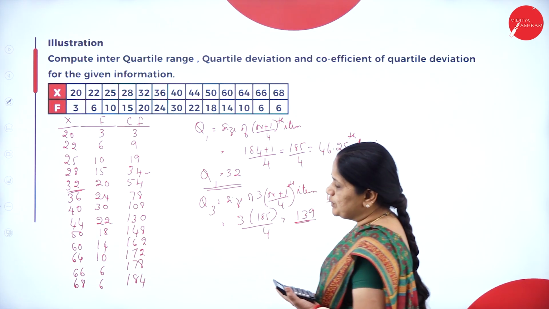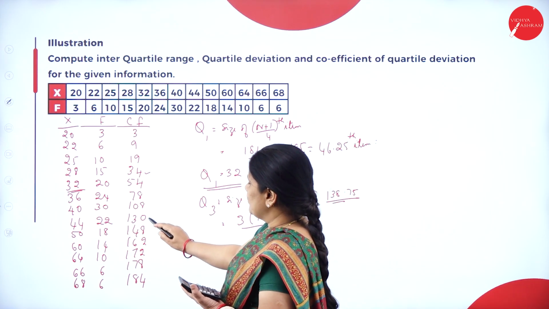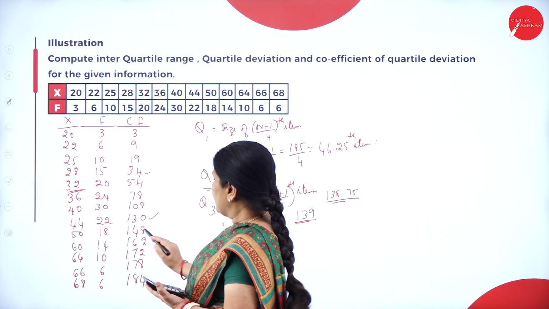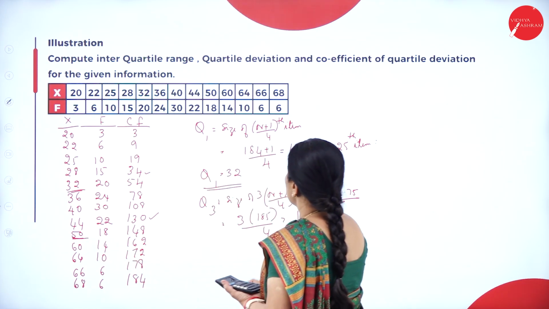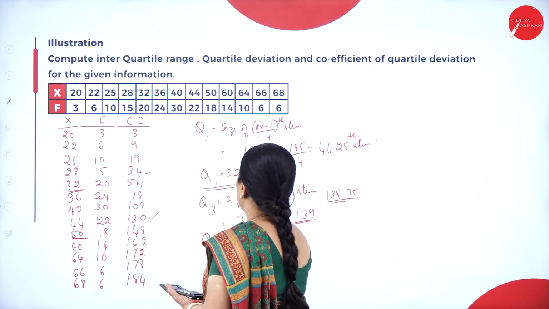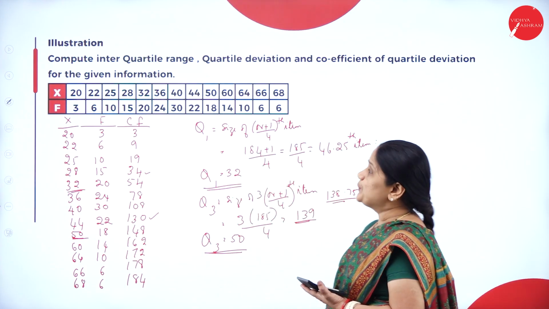So I round it up to 139. So 139 means up to 130 it comes here. Now from 130 to 148 it comes here. So Q3 will be equal to 50. So 50 is the value of Q3.